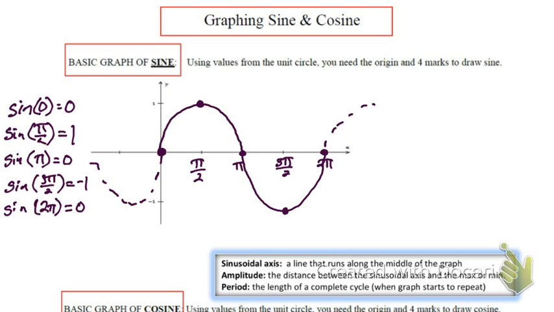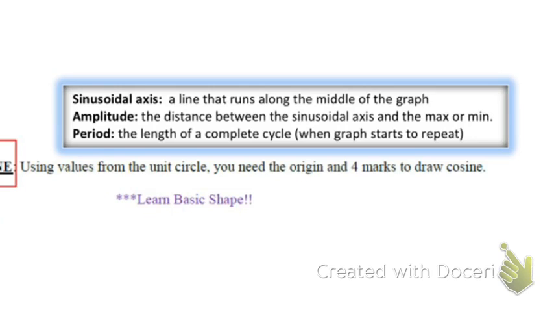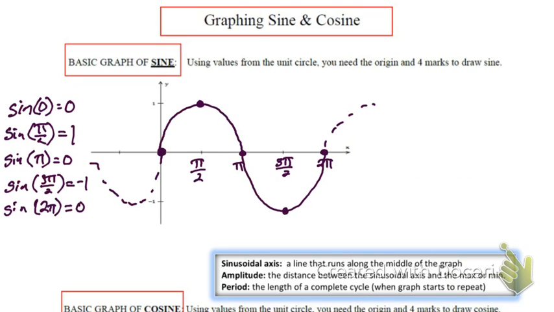Okay, I do want to focus on these definitions down here. A little clear image would be right here. We have a sinusoidal axis, and that is a line that runs along the middle of the graph. If I don't shift this graph up or down, the sinusoidal axis is going to be this one right here. You can't quite see it because it's covered up, so I'm going to highlight it with a dashed line.